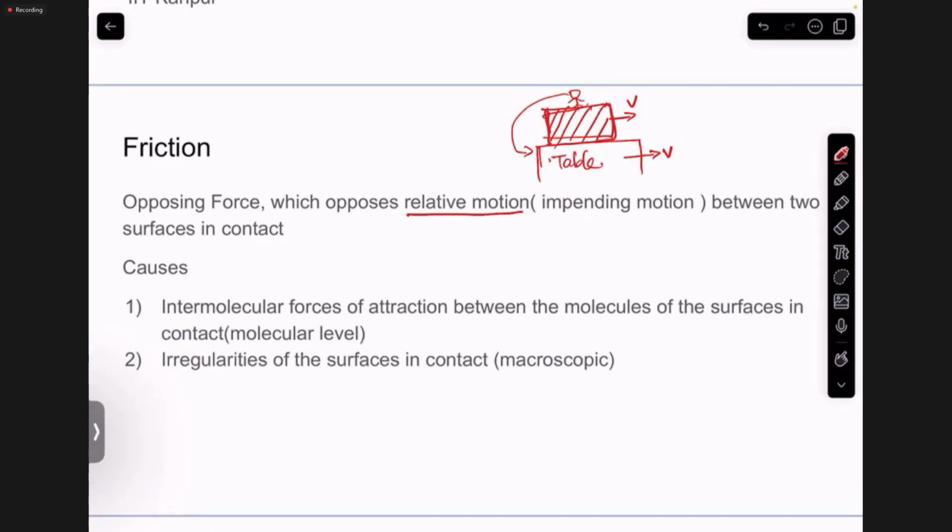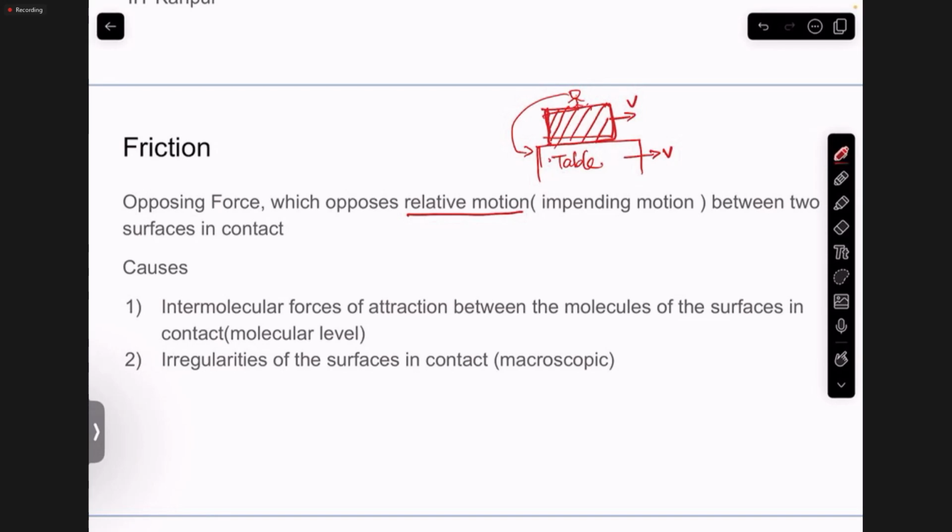So there won't be a frictional force acting between both of them, because for this observer, observing from this block, the table is always at the same position with respect to this block. So that's when we say that the relative motion or the relative velocity is zero there. So you won't see friction acting between both of them.